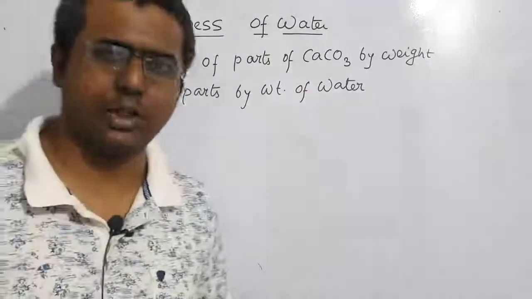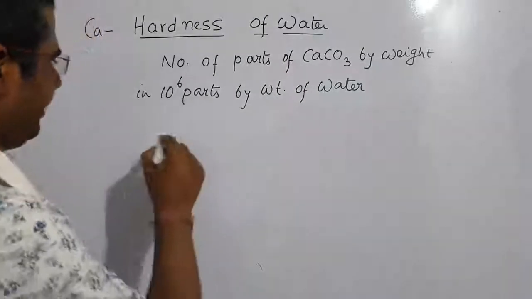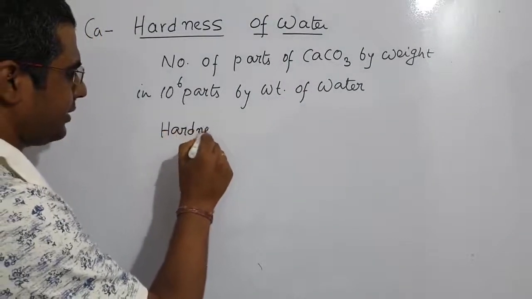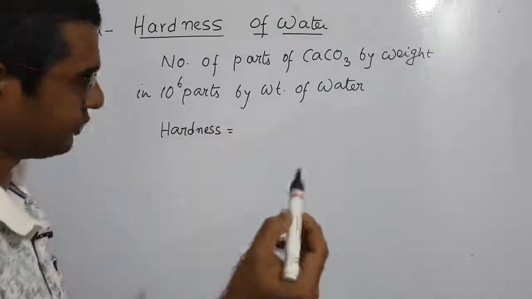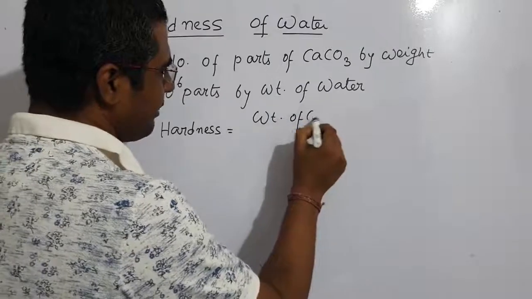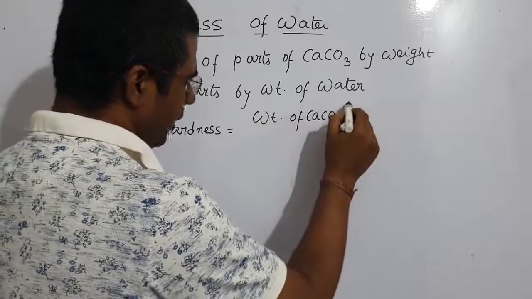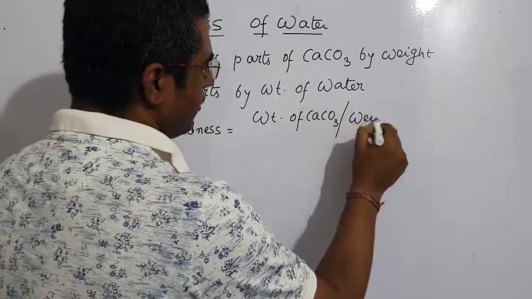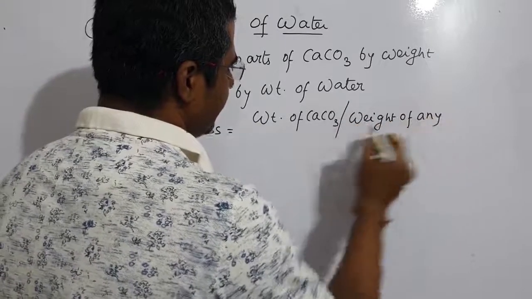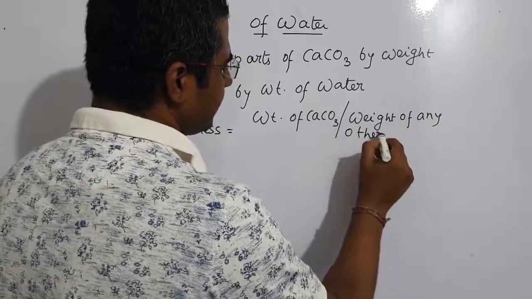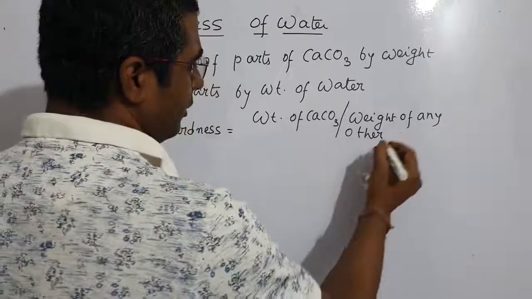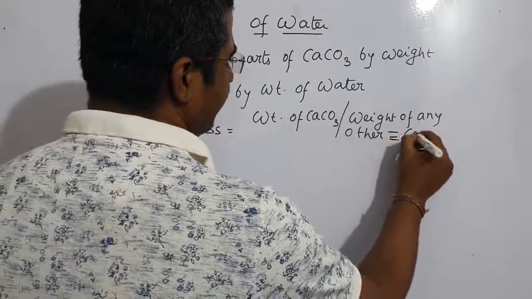So how will you calculate? At the end of the day you need some formula, right? So in case of hardness, if you need to calculate hardness, this is the formula that you are going to use. That is weight of calcium carbonate or weight of any other hardness causing substance, I am not writing all those things, equivalent to calcium carbonate weight.